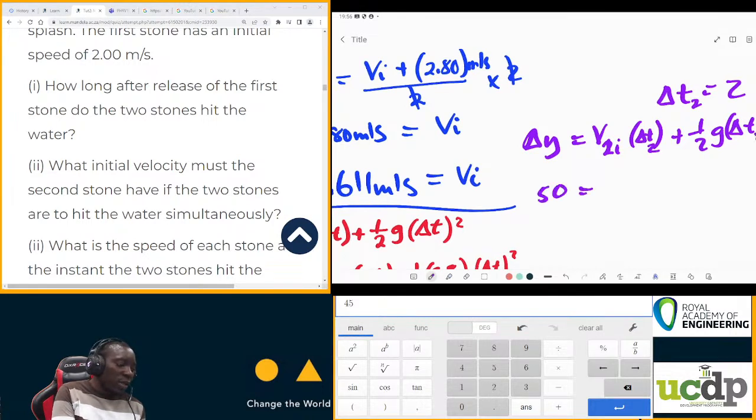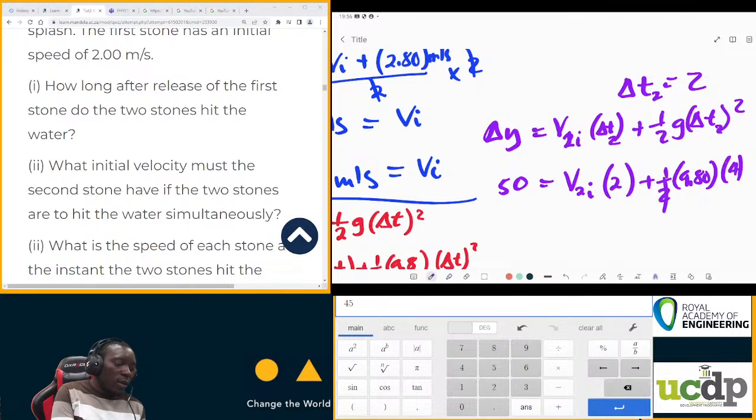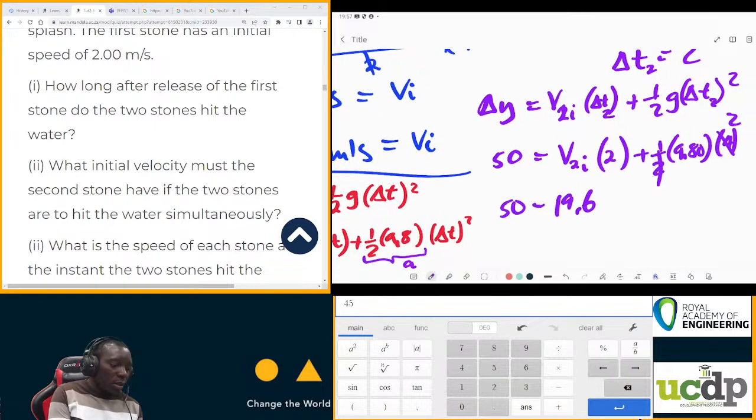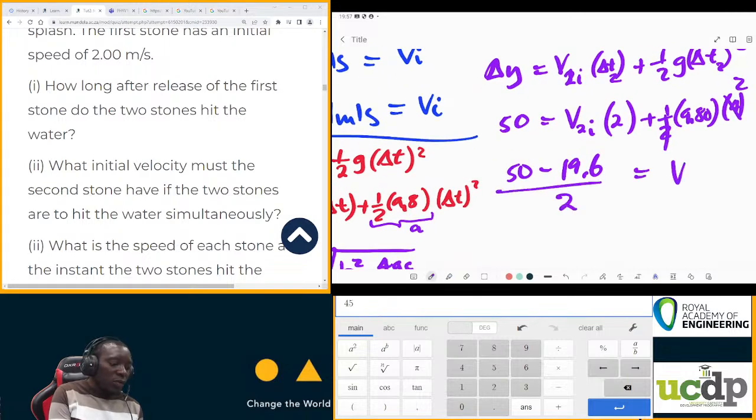So we have 50 equals v2 initial times 2 plus half 9.8 times 2 squared, which is 4. And this will just give us 2 there. Then 9.8 by 2, 50 minus 19.6, I think, minus 19.6 over 2 equals v2 initial.